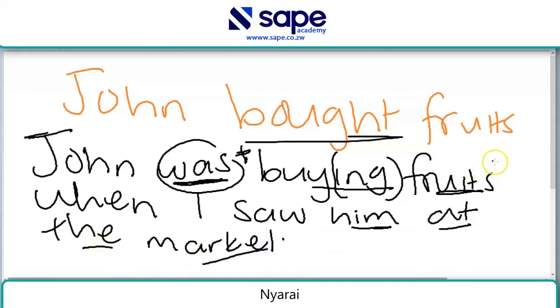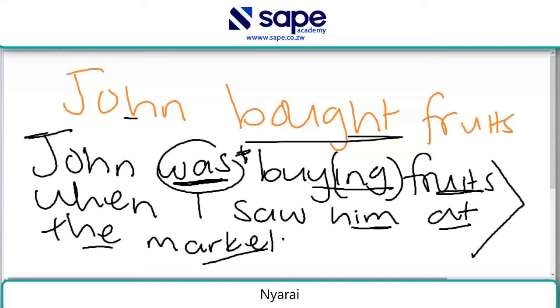This sentence is the past simple continuous form of the sentence, John bought fruits. So this sentence shows that John was still in the process of buying the fruits when I saw him at the market.